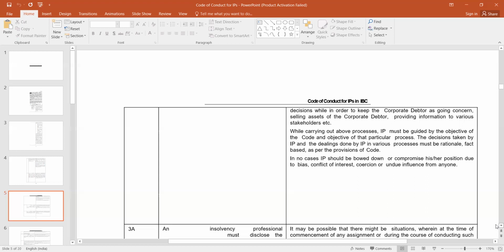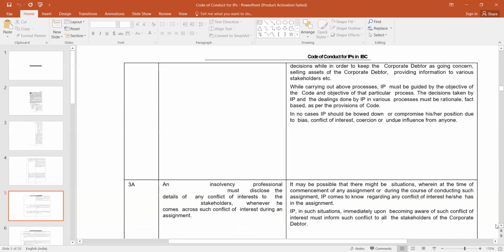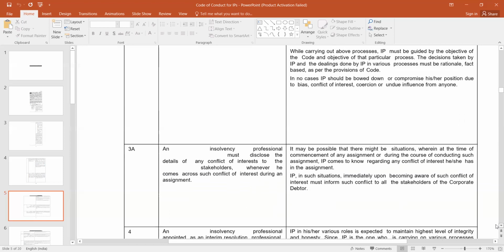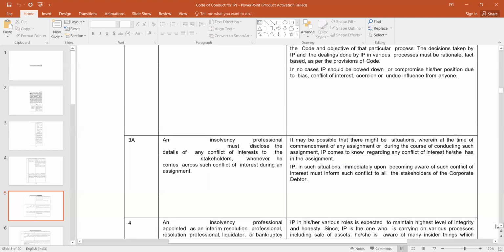Now, next point is an insolvency professional must disclose details of any conflict of interest to the stakeholders whenever he comes across such conflict of interest during an assignment. Okay. At the time when you took up the assignment, you were not aware that there is a conflict of interest, but you came to know of such conflict of interest at a later date. So you have to disclose these details.